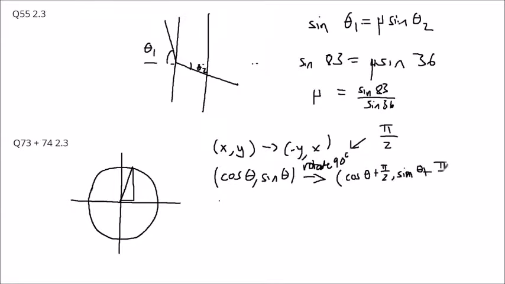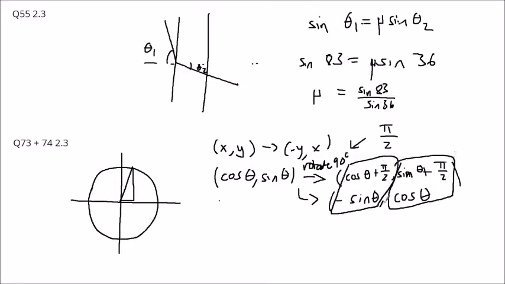But what will you also get? You will also get minus y, x. What's minus y? That's minus sine theta. And what's x? Cosine theta. So we've just established that this is equivalent to this, and this is equivalent to this.